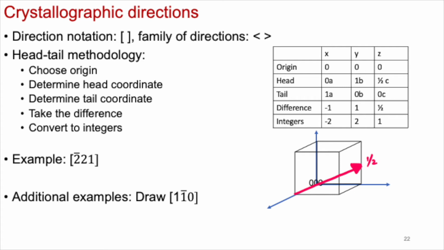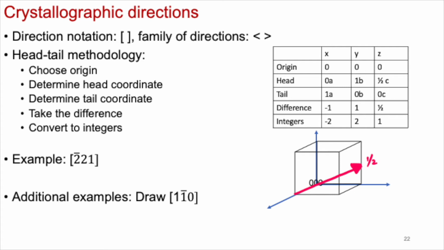and the lattice parameters. So unit vectors A, B, and C, that's the distance. The head here will intercept at 0A, because we didn't go anywhere in this direction. So this point is 0A, 1 in B, and half in C. The tail, we went 1A in the X direction, 0 in B, 0 in C. We take the difference, and then once again, we convert everything to nice integers.